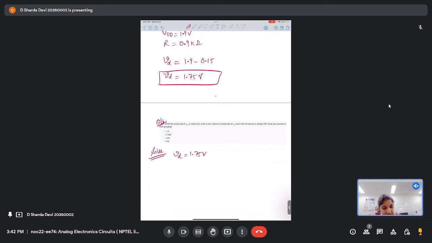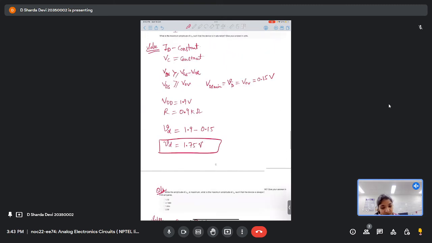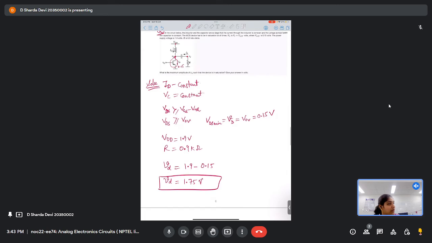What is the maximum amplitude of ID such that the device is always on? Now small ID. What is small ID? What is the maximum amplitude of ID such that the device is on?